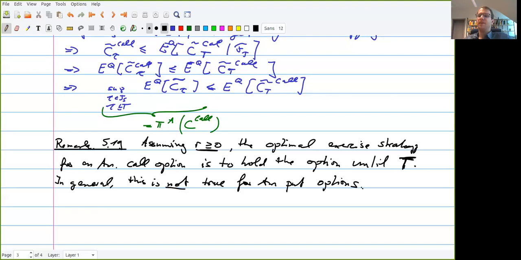Right. In particular, if you think about one main property for European put and call options, the put-call parity, which relates the prices of put and call options, this put-call parity cannot hold for American options, because the price of the American call option and the price of the European call option is the same, but the price of the American put option is unequal to the price of the European put option.